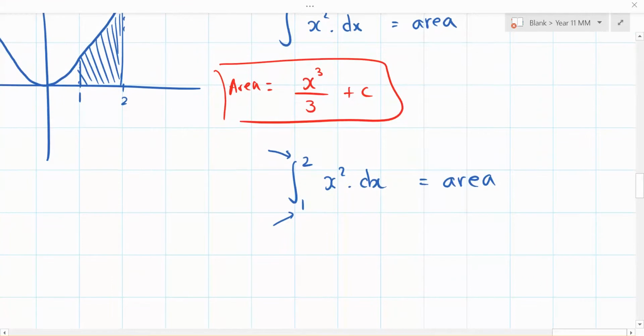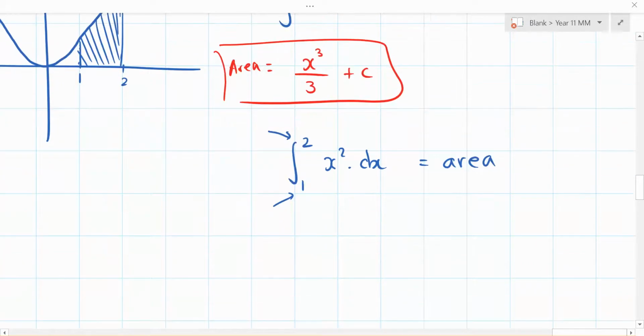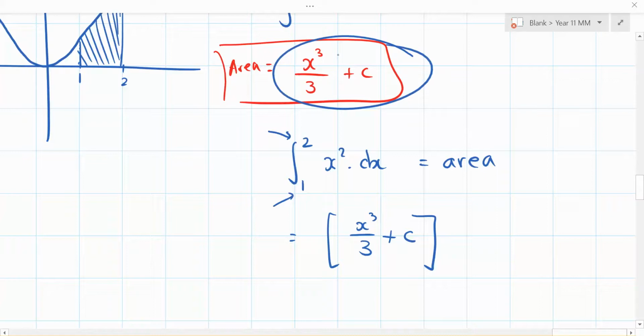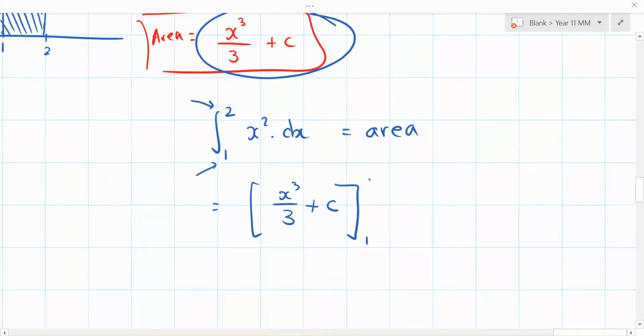Now we just found the antiderivative of x squared, and remember in classes I showed you, I said the antiderivative, which we wrote as x cubed on 3, I told you that you didn't have to put plus c because they eventually cancel out, but I'll show you again just in case you forgot. I'll put the plus c in, because that's what we got over here, right? We said it's from 1 to 2.